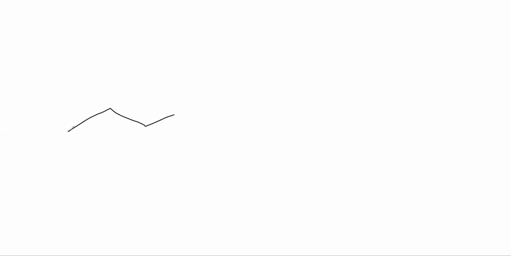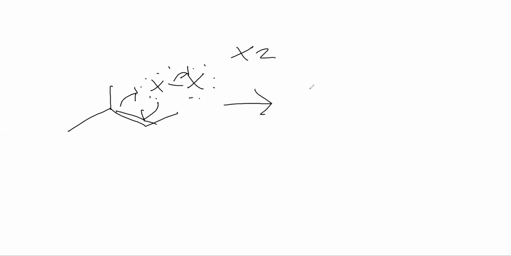Now, another mechanism we'll need to know is the addition of X2. So X2, which is just, again, halogens. So the first step is a bit weird. It's sort of like a cycle forming between the alkene and one of the halogens. It's not really a nucleophile and electrophile in this, but it's just a cycle forming.